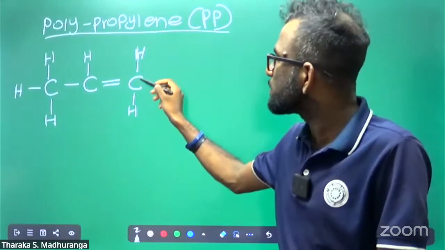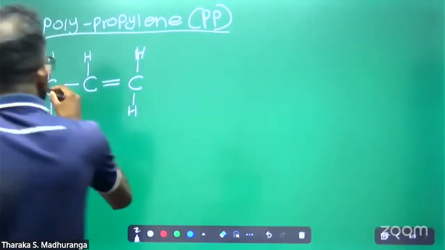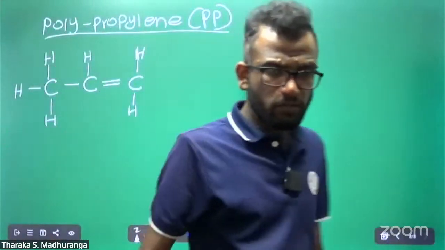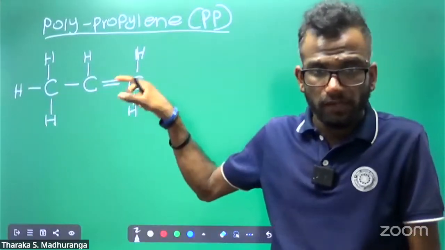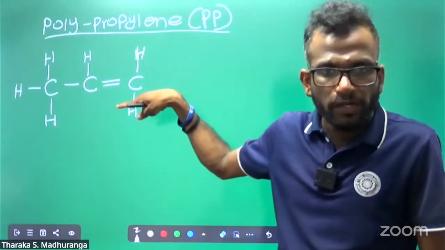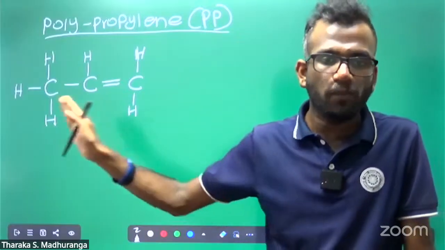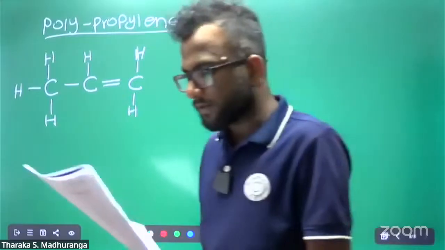Because of this double bond, only 2 carbon bonds in this carbon. Now all carbons are stable, because all carbons have 4 bonds. Saturated means all filled with hydrogen.